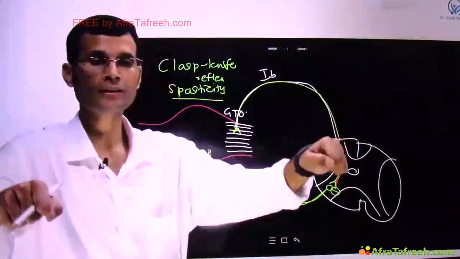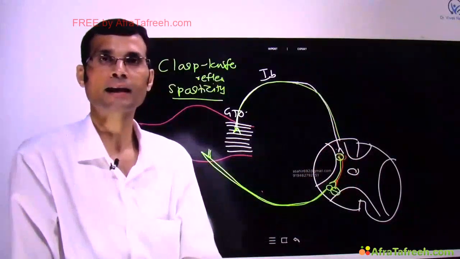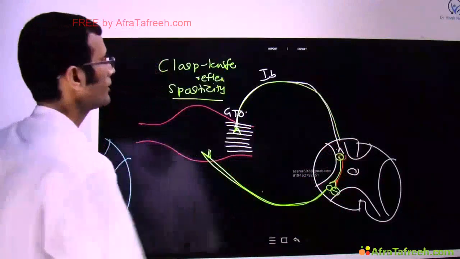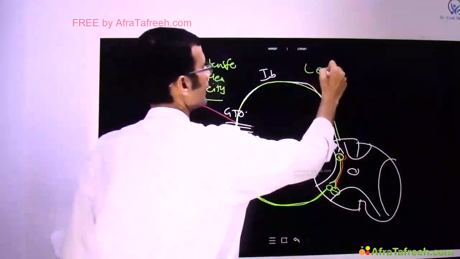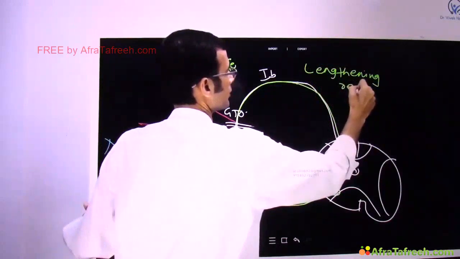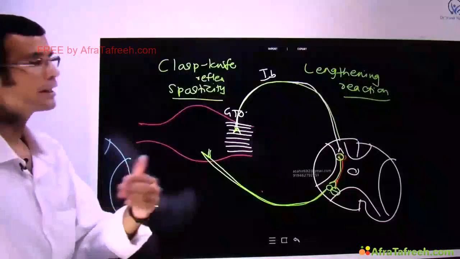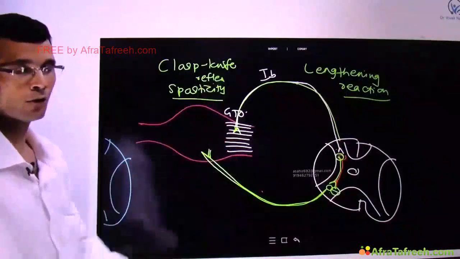So beyond a certain resistance, the resistance will collapse and the muscle will completely relax. This is called the lengthening reaction. The muscle lengthens and relaxes completely because of the reflex initiated by the Golgi tendon organ.